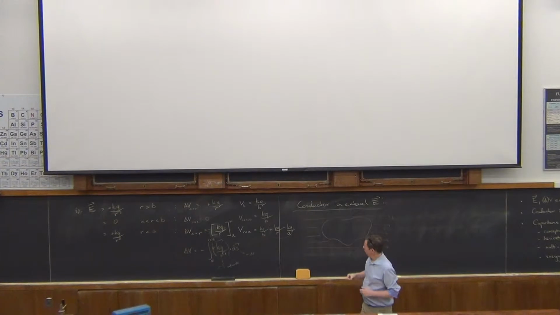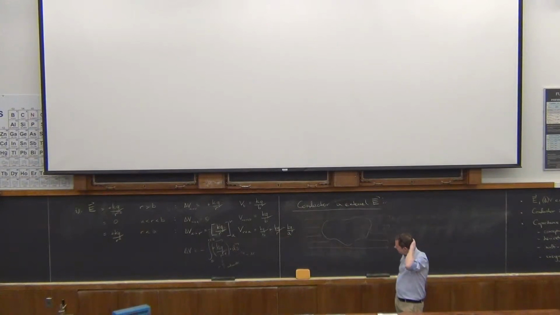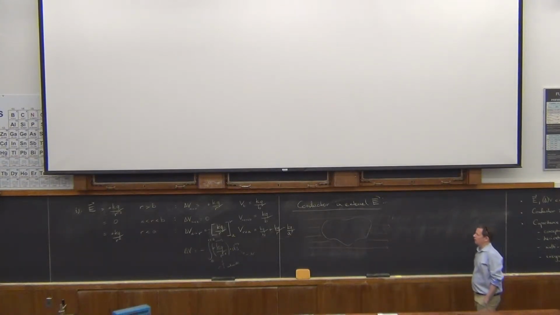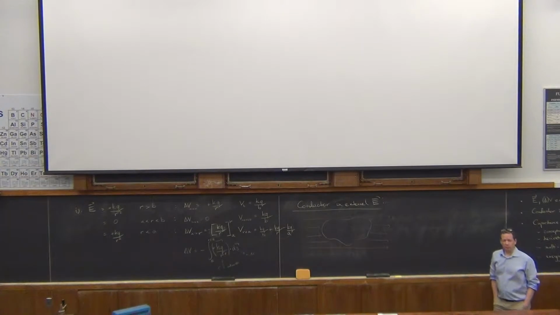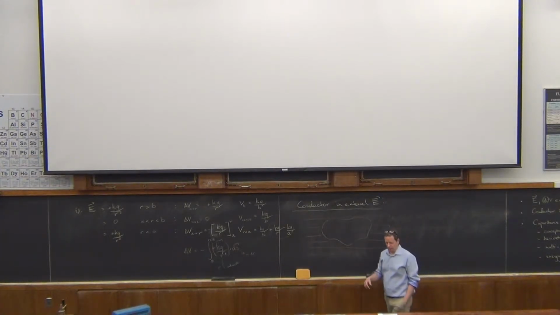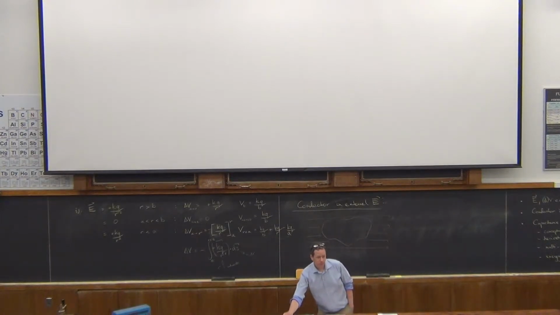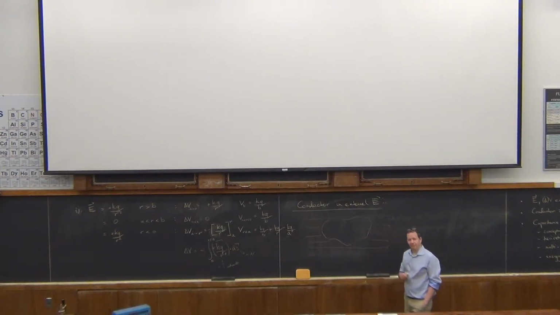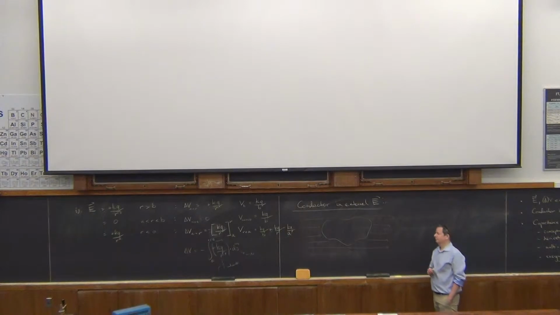But we're talking about superposition of fields here. We always expect that to be valid. So in this case, how might I expect the conductor to respond in such a way that I have zero electric field inside? Should it produce an electric field in the opposite direction?